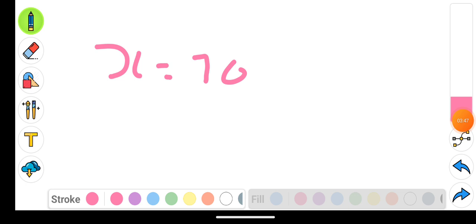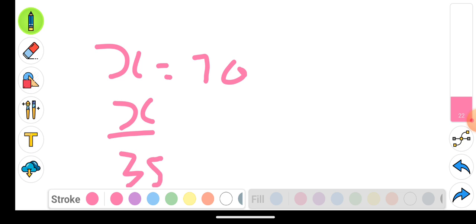There is actually another version that's similar to this, which I'll cover in a future algebra episode. Anyway, x this time equals 70. And now we do x over 35. I'm going to give you probably a very complex question.